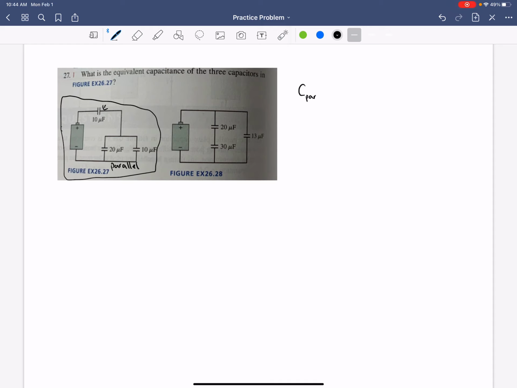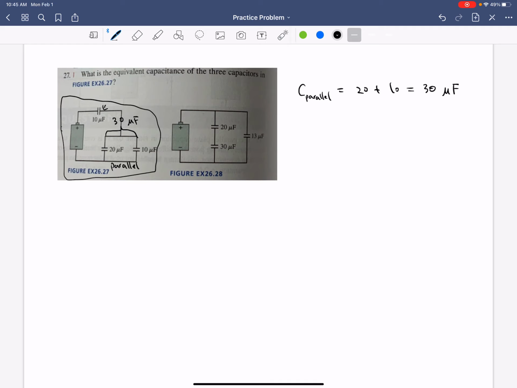So I'm going to write C parallel equals 20 plus 10 equals 30 microfarads, so these two are essentially 30 microfarads.